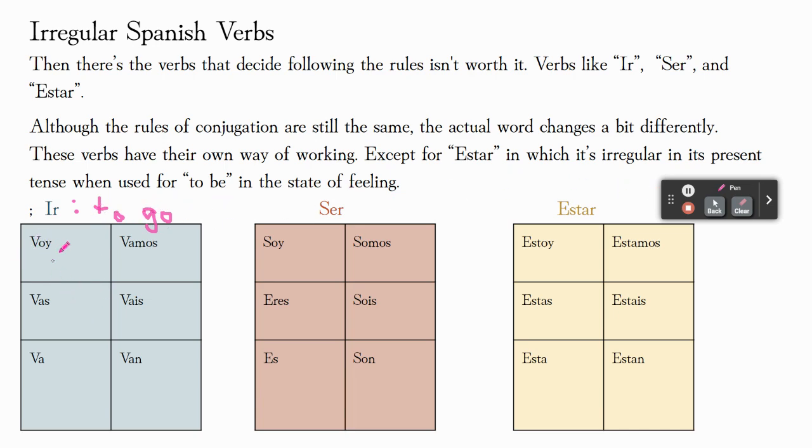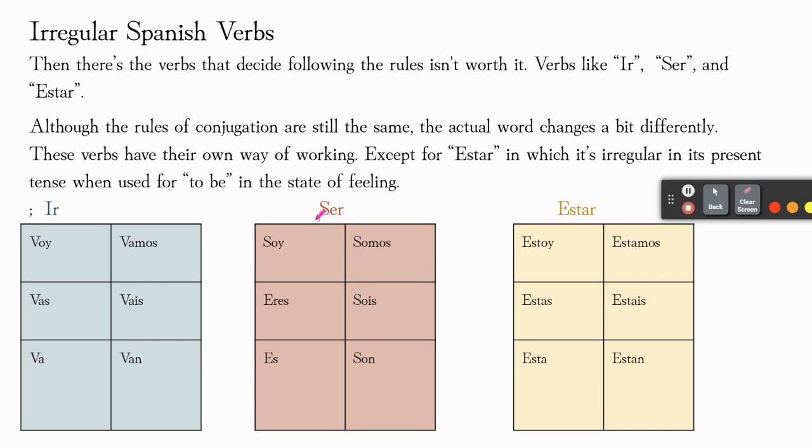Its conjugation: the yo form is voy, the tú form is vas, the él, ella, and usted form is va, the nosotros form is vamos, the vosotros is vais, and the ellos, ellas, ustedes form is van. It's a little complicated, but that's how it would be conjugated.